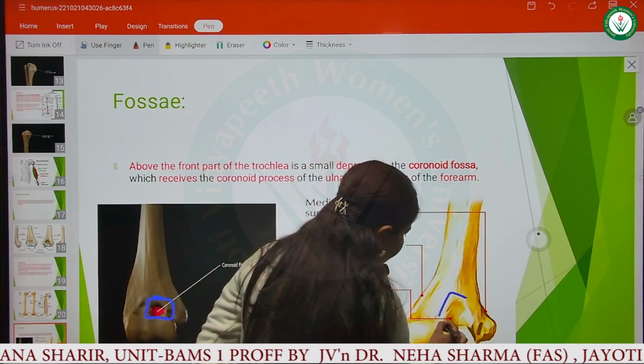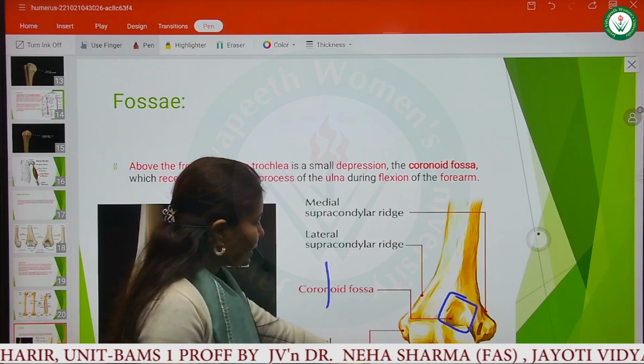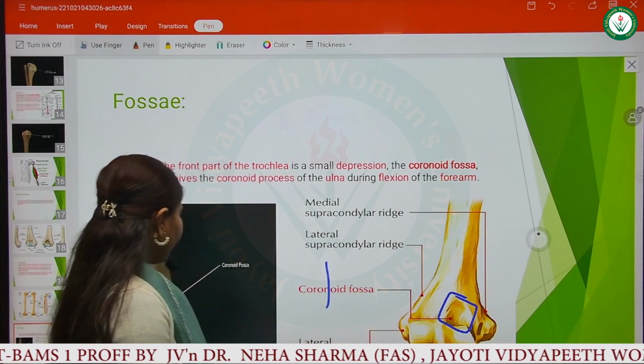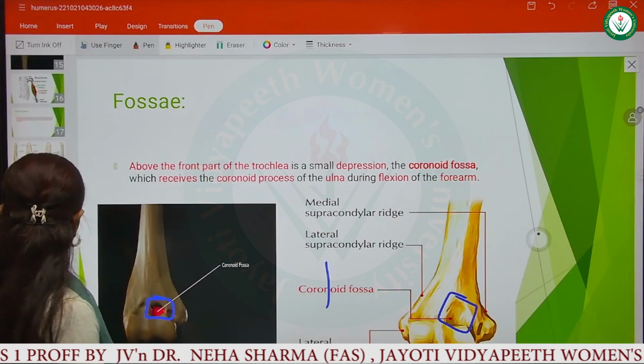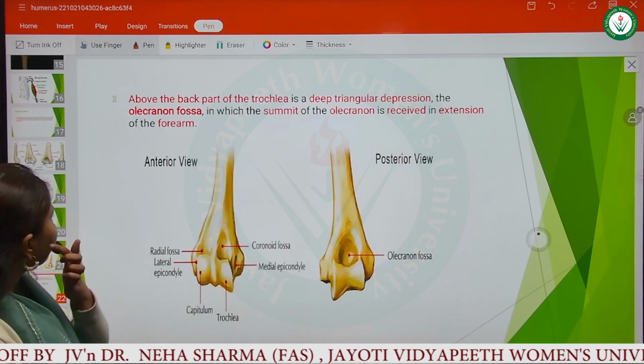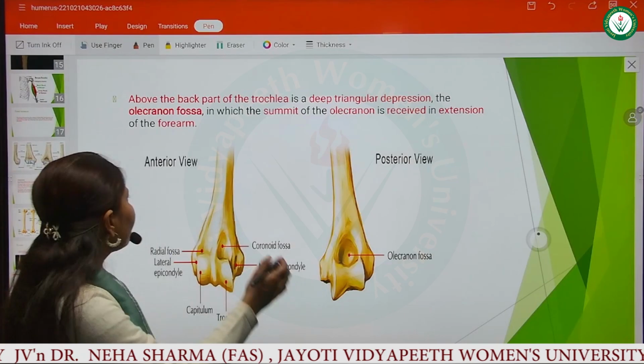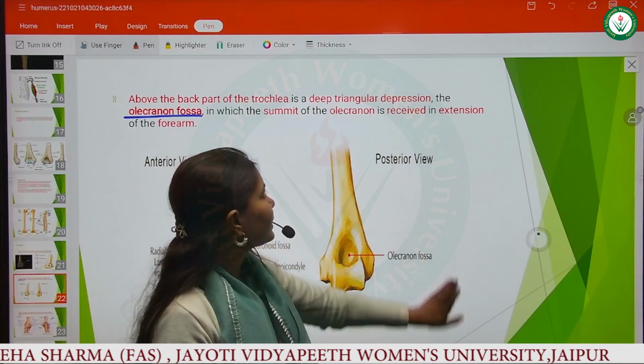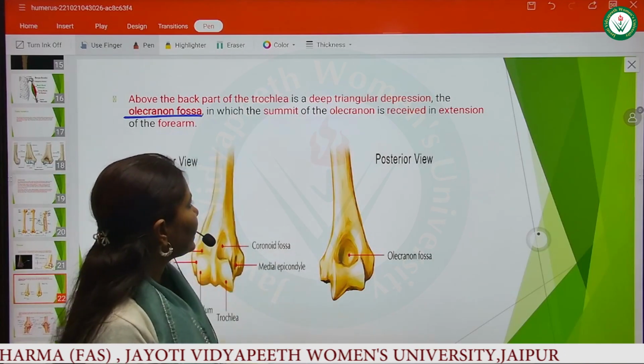In the original bone, in lateral view, we can see the coronoid fossa like this above the trochlea and capitulum. The next fossa is the olecranon fossa. Above the back part of the trochlea there is a deep triangular depression.